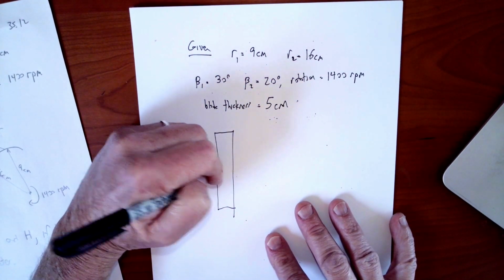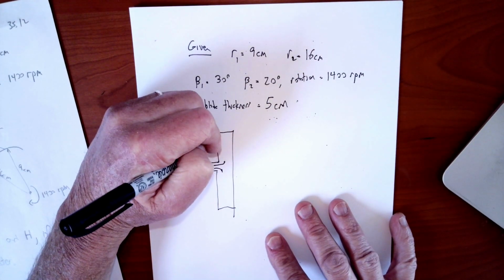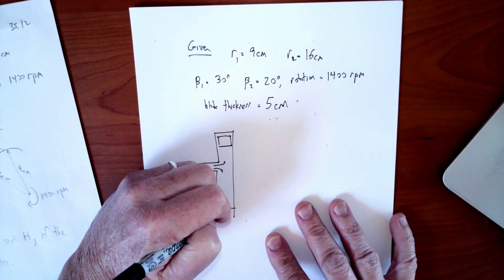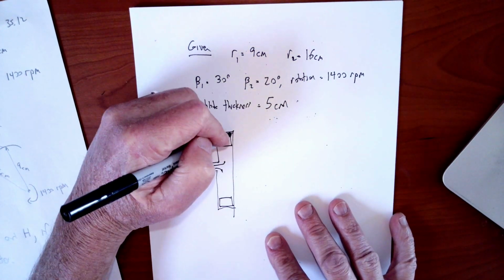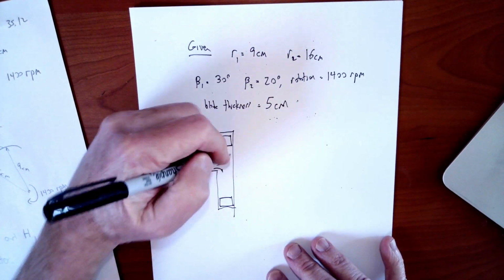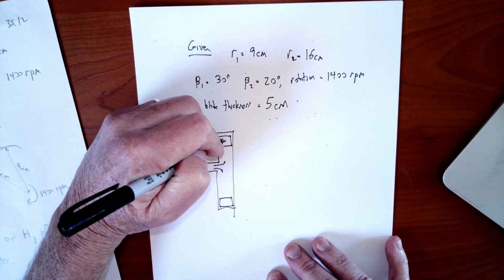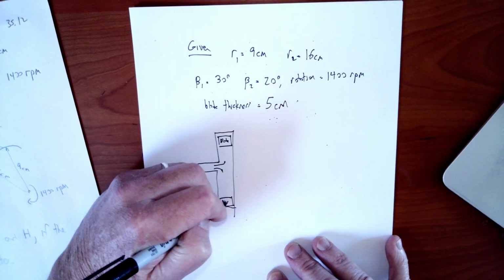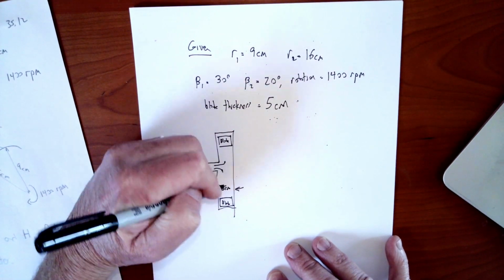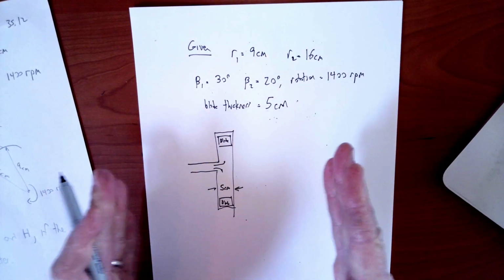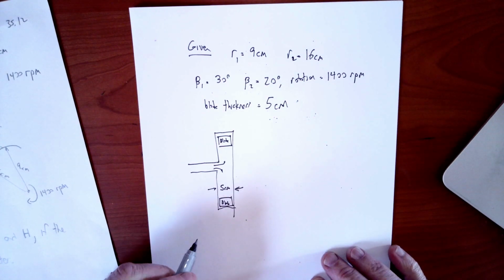The fluid is coming in here, and then we have the blades up here and down here. They're rotating, as we described before, in and out of the page. This should be symmetric up and down. And so these are blades, and the thickness is this dimension here, which is going to be the 5 centimeters. So the thickness of the region that has the blades is 5 centimeters.